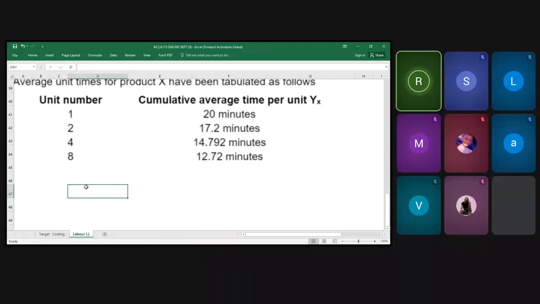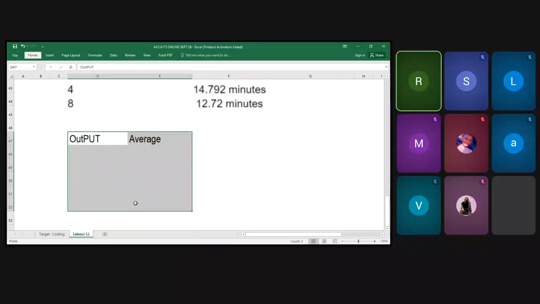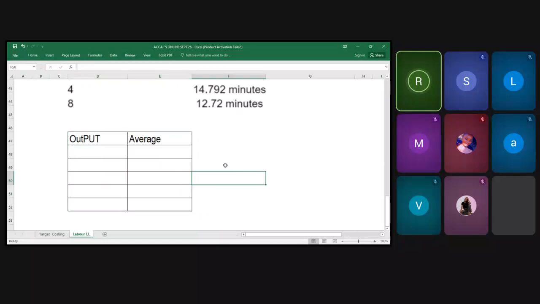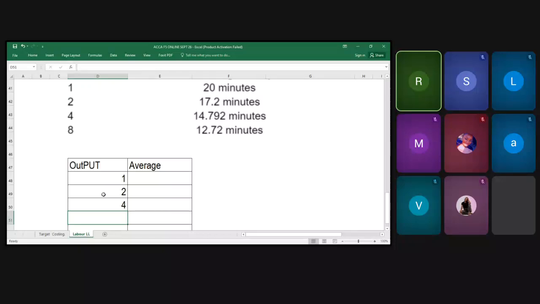I'm going to make use of two tables, output, and my output is doubling, and then I want my average time. So that is enough for me to calculate my learning rate. Output and average time. So my output is doubling, 1, 2, 4, and 8.